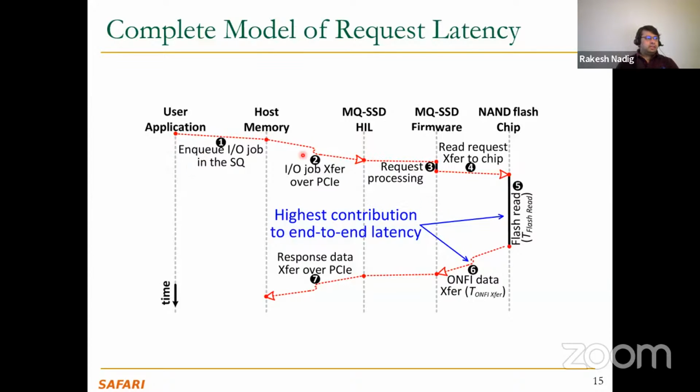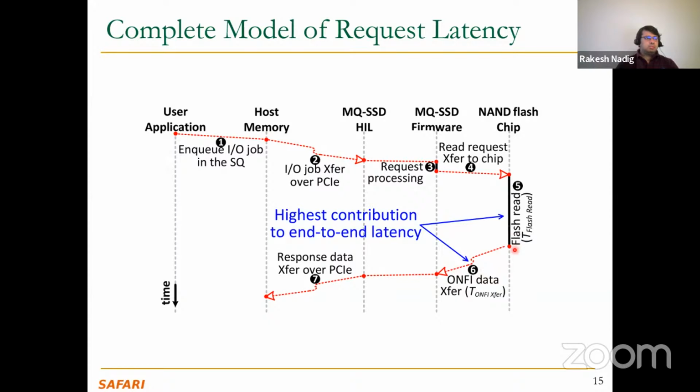But in this example, we have a 4 kilobyte request, so it will be sent directly to the SSD firmware, and the read request is transferred to the chip by the flash controller. The flash read operation is performed in the NAND flash chip, and from there the read data has to be sent back to the host, through the flash channel.